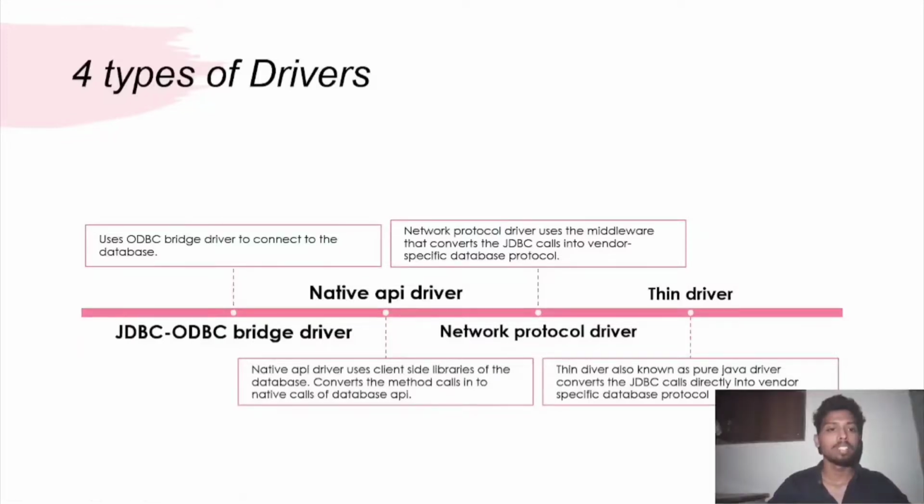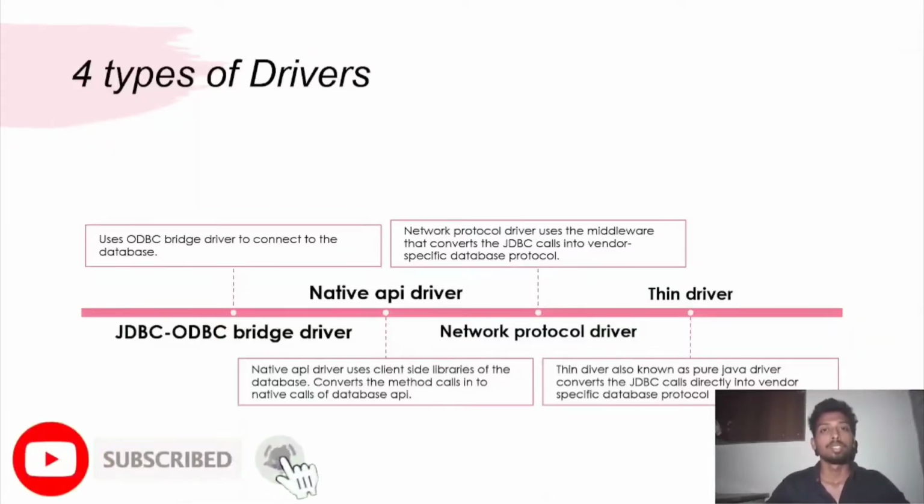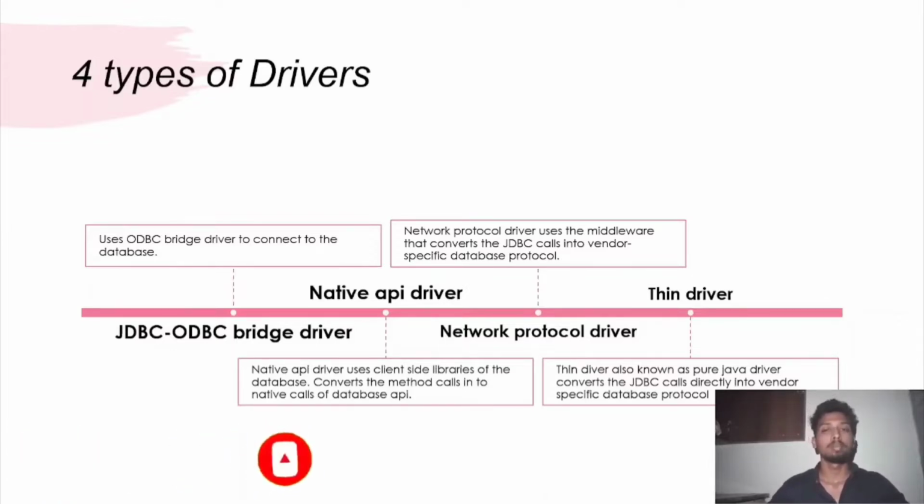To overcome the drawbacks of the JDBC ODBC bridge driver, they introduced the type 2 driver, also known as the native API driver. This native API driver uses client-side libraries of the database that convert the JDBC method calls directly into API calls of that particular database. The type 2 driver is platform independent and secured because it uses the native API of the database itself.